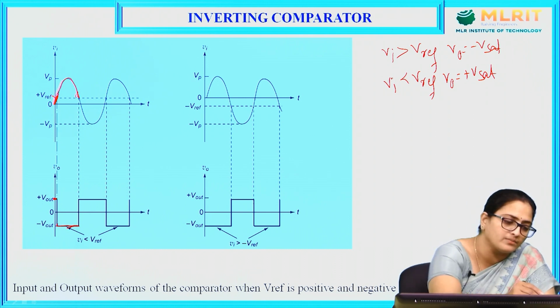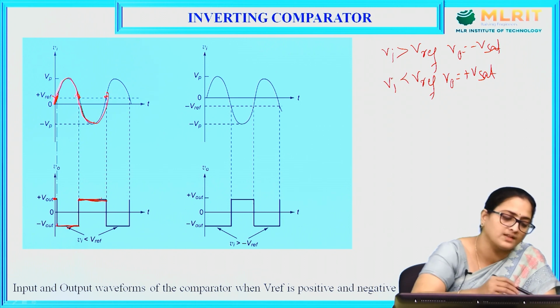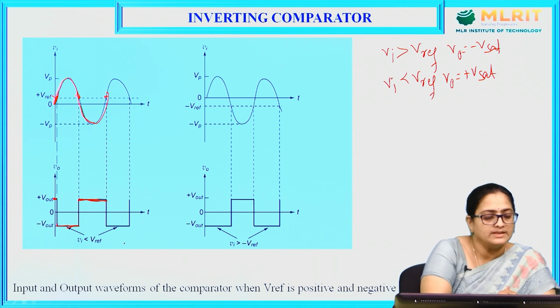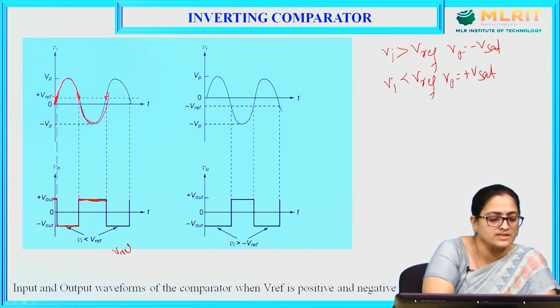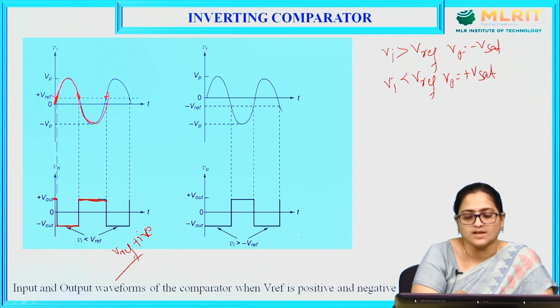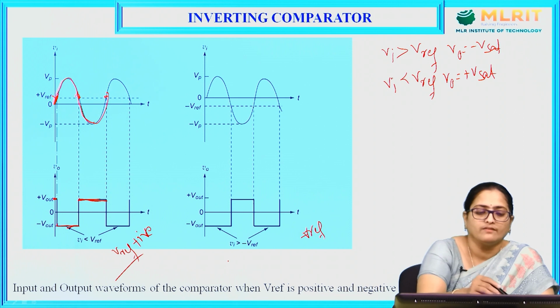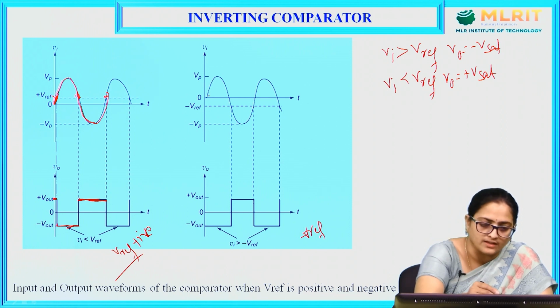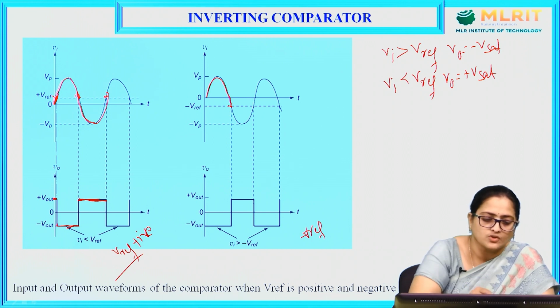And again, from this point to this point, Vi is less than V reference, so it is producing a plus V sat. Now, this happens when V reference is considered as a positive voltage. Now, when we are considering a negative V reference, then see here, from this point to this point, V in is greater than V reference, so it is producing a minus V sat.